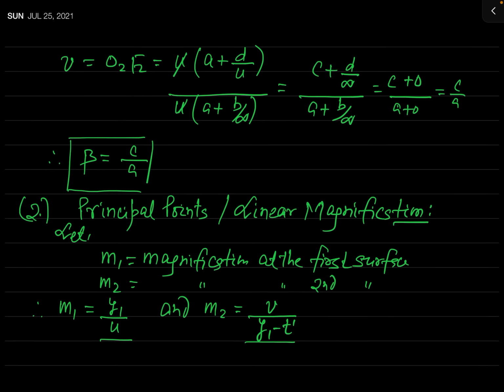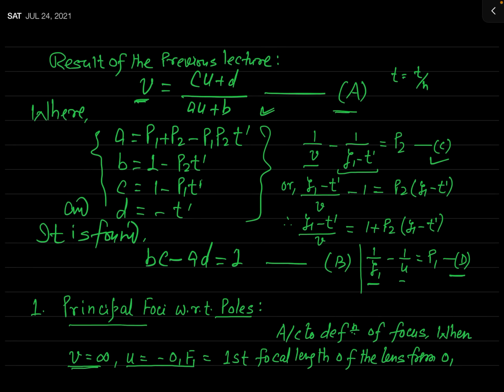Now, I have mentioned already the formula which we have written for the refraction at the second surface: 1 over V minus 1 over Y1 minus T prime equals P2. This result was obtained in the previous lecture.